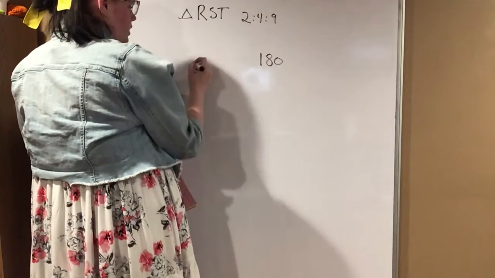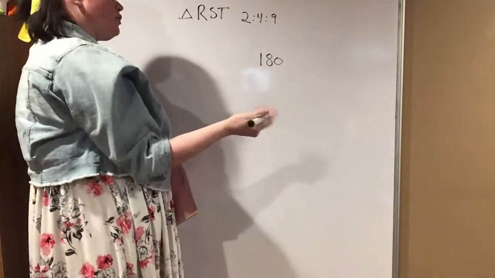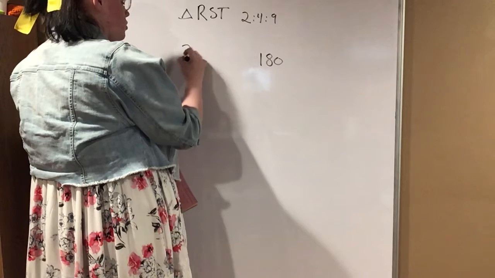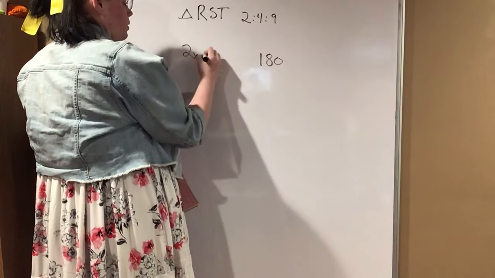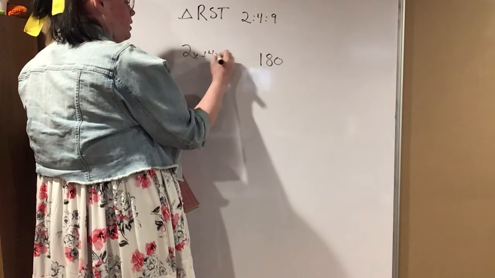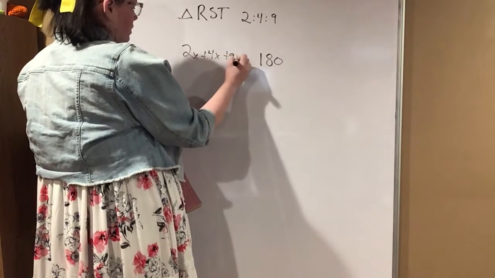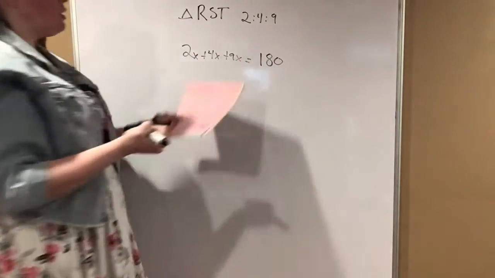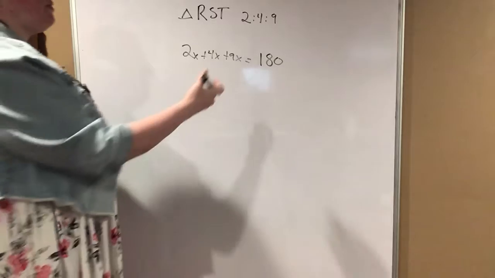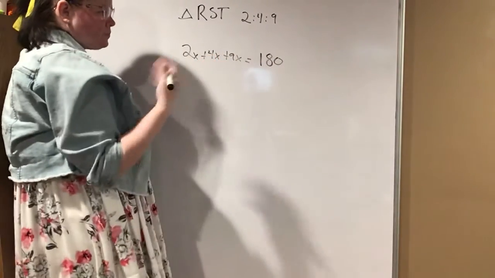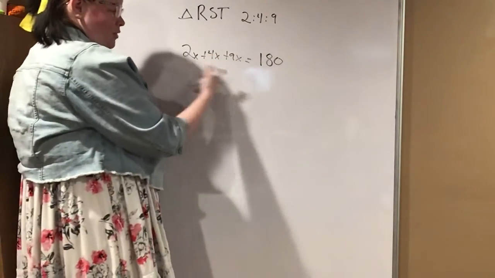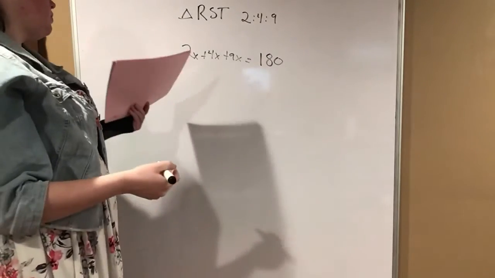Well, what I do is I take this, and I don't know what the angle measures are. So 2x plus 4x plus 9x equals 180, because I don't know what these angles are. They're just giving me the numbers that are in front of the x's. So now just add those up: 2 plus 4 plus 9.